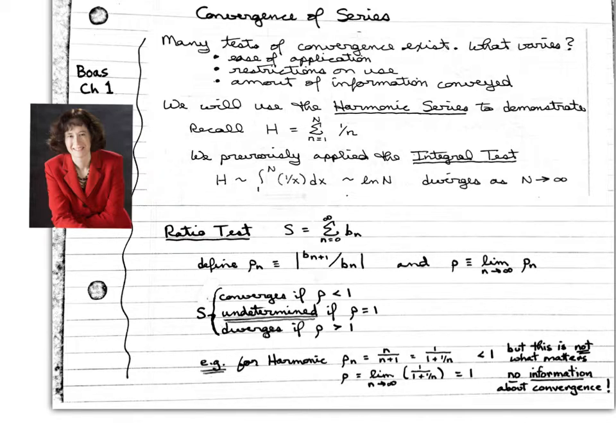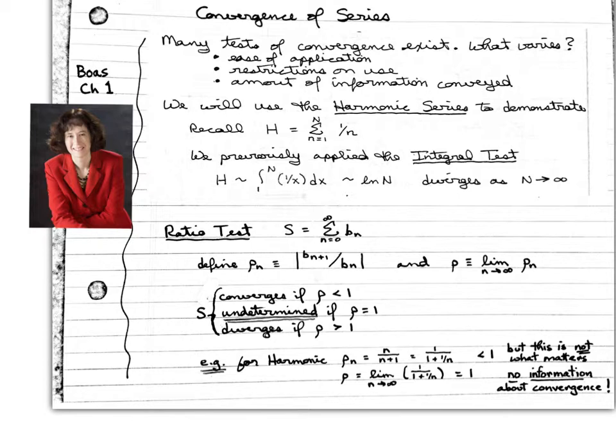The first test that we will look at is called the ratio test. So let's apply the ratio test to some general series that is the sum of a bunch of terms b sub n. To apply the ratio test, you first make a ratio that is the absolute value of the next term divided by the current term that you're looking at.